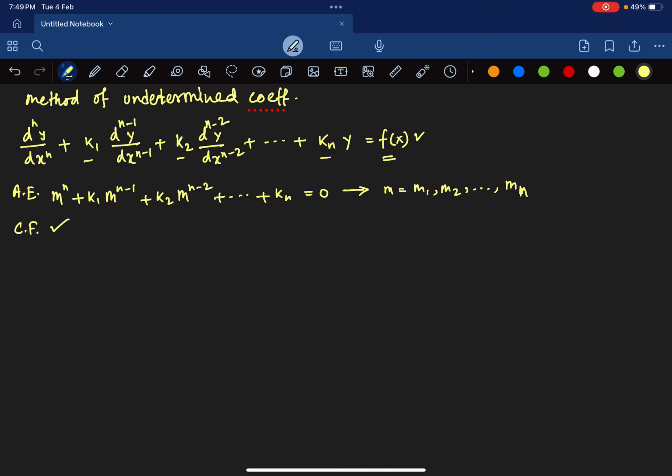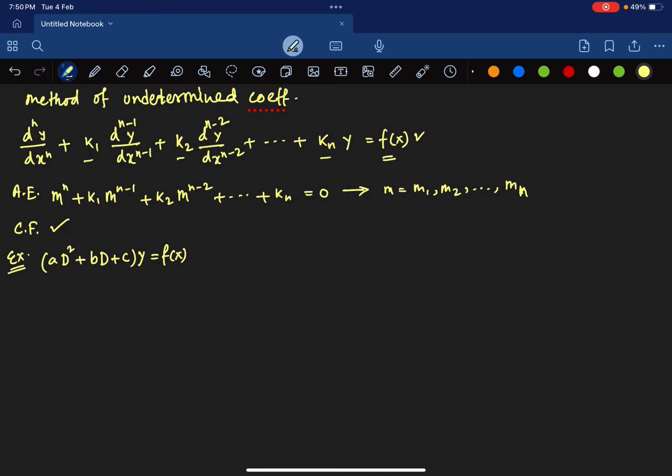For example, I can take one simple example: (aD^2 plus bD plus c) y equals, suppose, f(x). This is a second order differential equation.